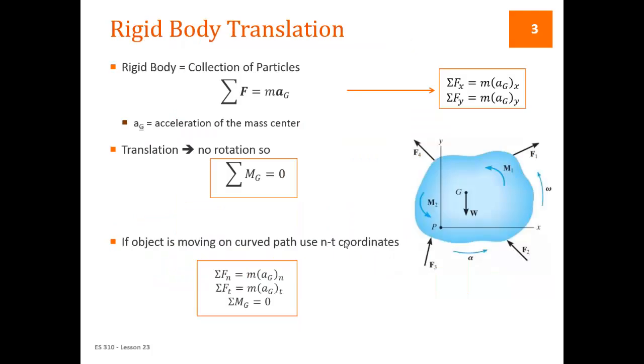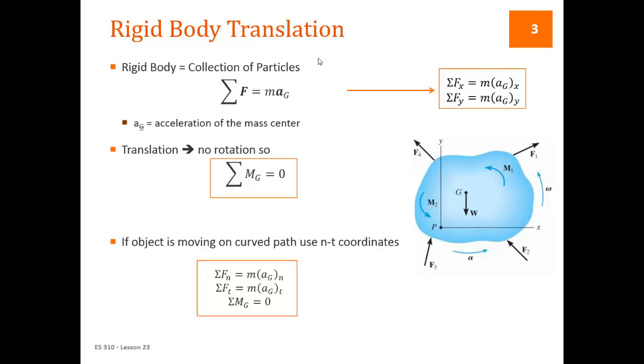Just as a reminder, rigid body translation means that a line on the body will translate but will not rotate. So those lines always stay parallel, but they may move along a straight line or along a curve. If we remember back to using Newton's second law for particles, we used F equals ma in the x and y direction.